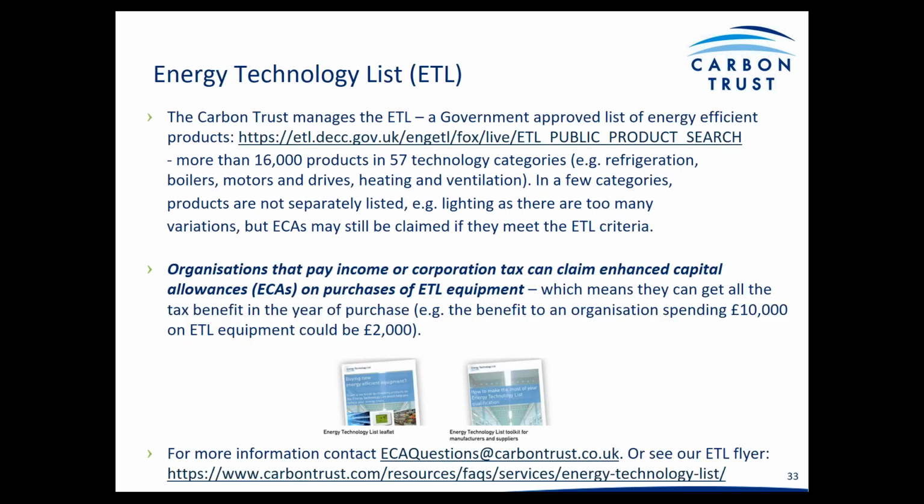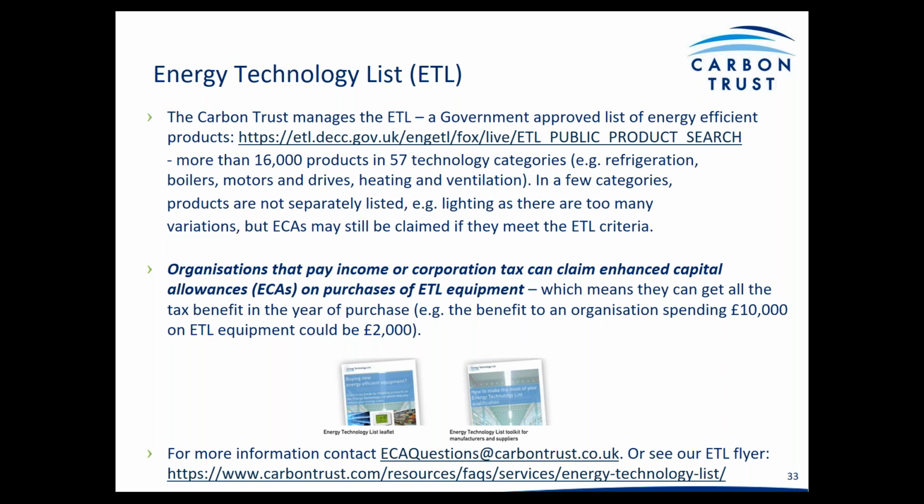One other important thing that we run as the Carbon Trust on behalf of the government is the Energy Technology List, which, as you may be aware, can deliver some financial benefit to your organization. Organizations that pay income or corporation tax can claim the ECA allowances on purchases of ETL equipment.